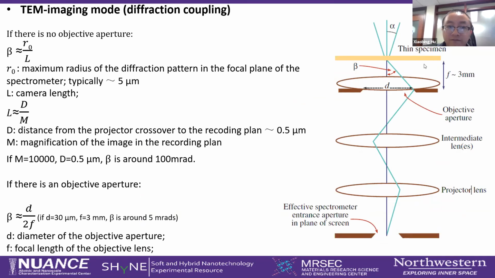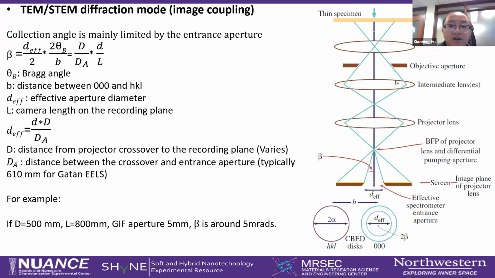And for STEM mode, you can use both TEM image and diffraction modes and STEM mode. If you do diffraction mode and STEM mode, the calculation of this angle is different. You can refer to the details for how to calculate this.